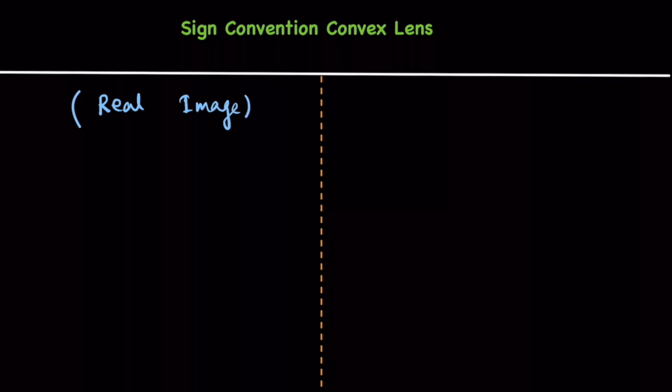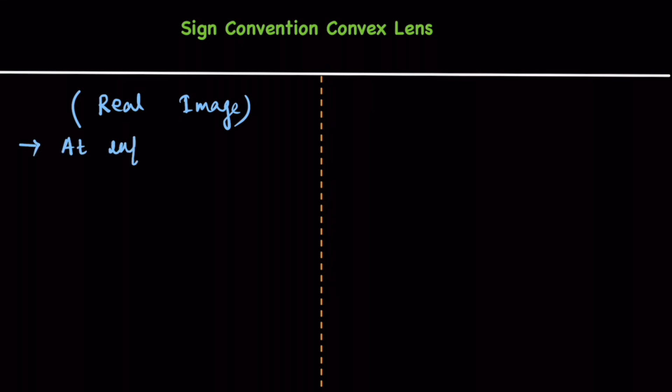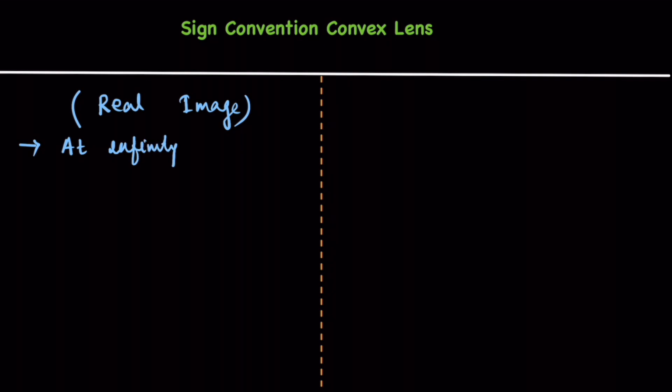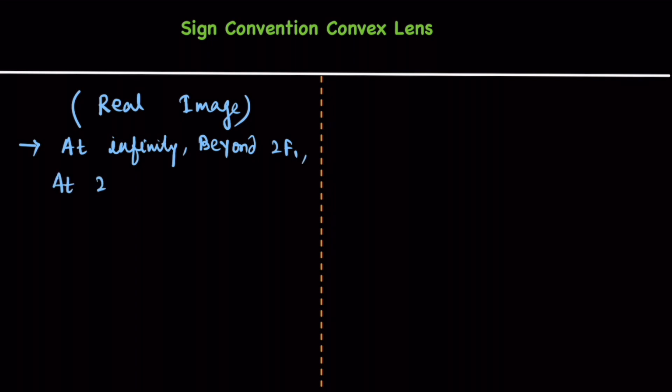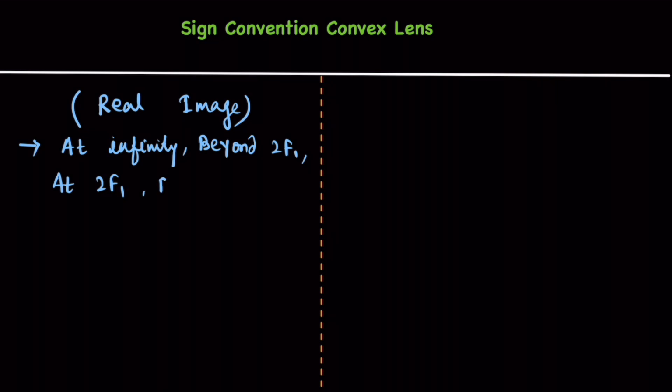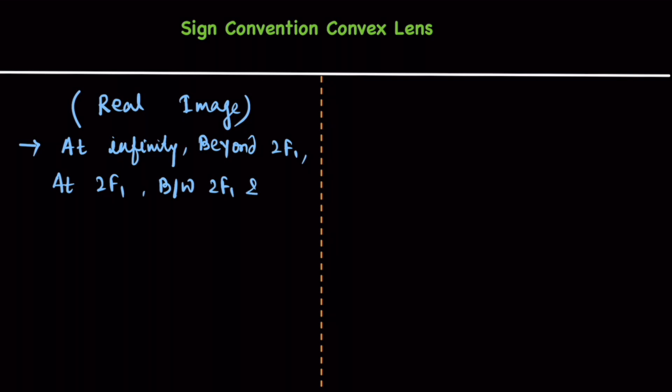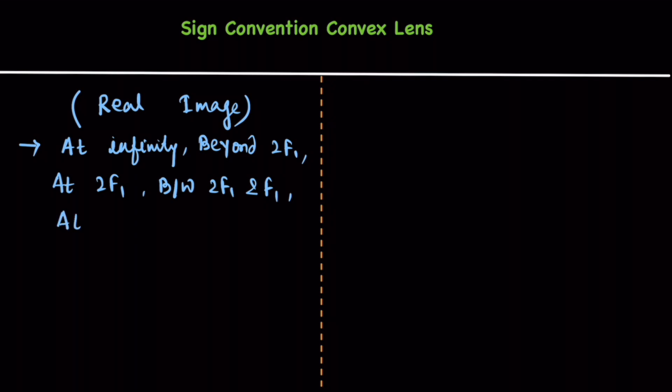that time the position of object could be at infinity, it could be beyond 2f1, it could be at 2f1, between 2f1 and f1, and the last is at f1.